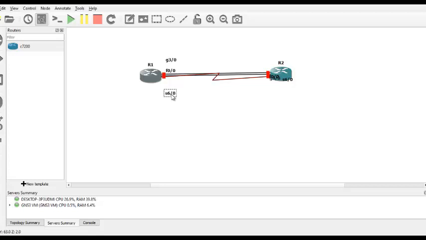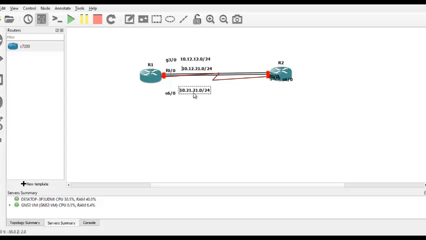For gig Ethernet, I would like to give IP address 10.12.12.0/24, and for fast Ethernet I would like to give 10.12.21.0, and for serial I wish to give 10.21.21.0.